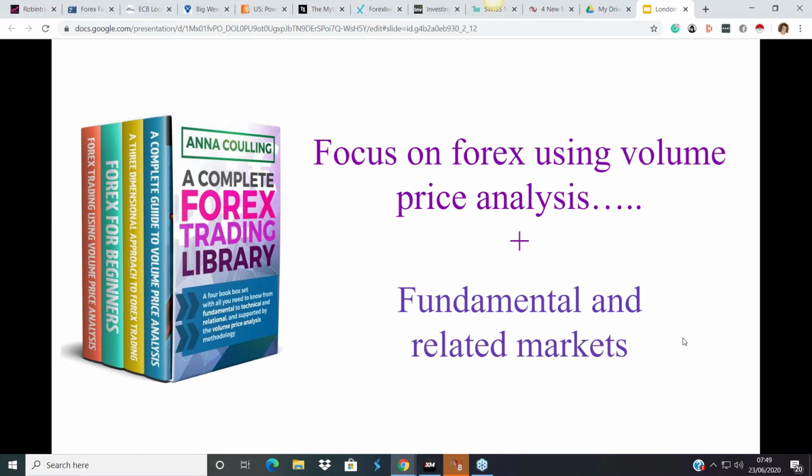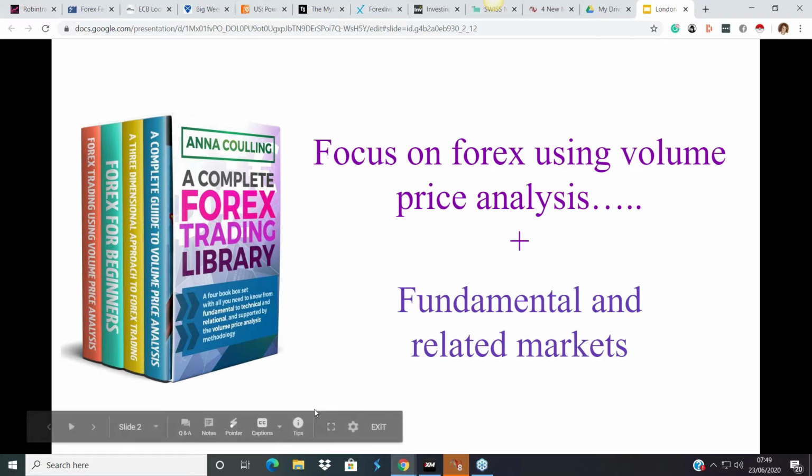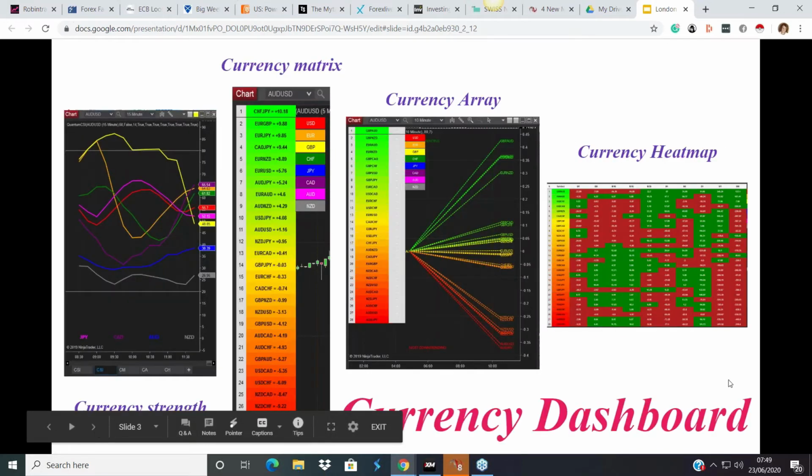A move in one will be reflected in another, and sometimes a move in one can also anticipate what is going to happen in another, and that is certainly the case with the Forex market as well.